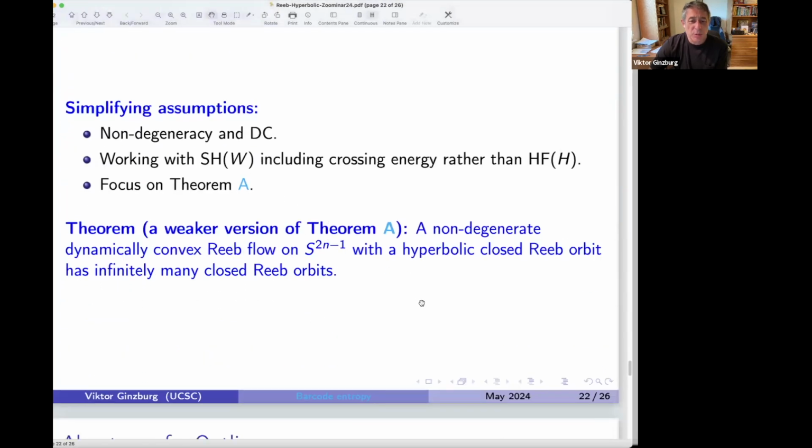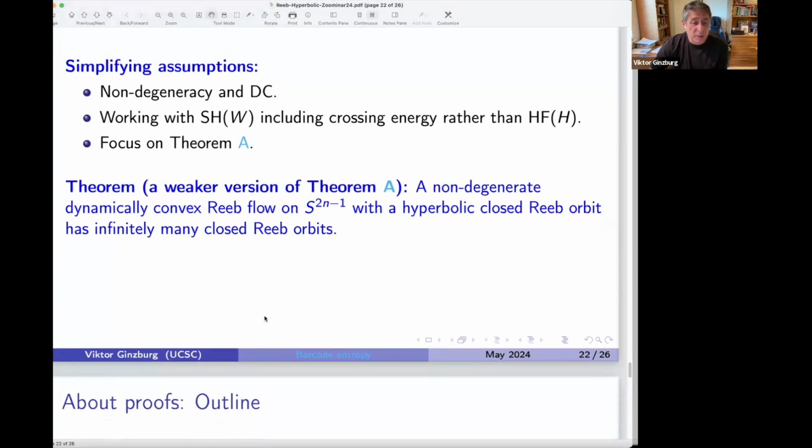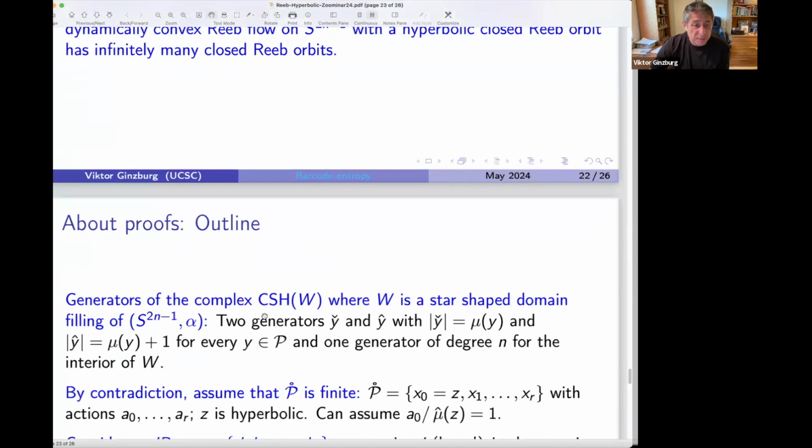And here is what I want to prove. I have a non-degenerate, dynamically convex Reeb flow on the sphere. I have a hyperbolic closed orbit. And then I claim that there are infinitely many simple closed Reeb orbits.